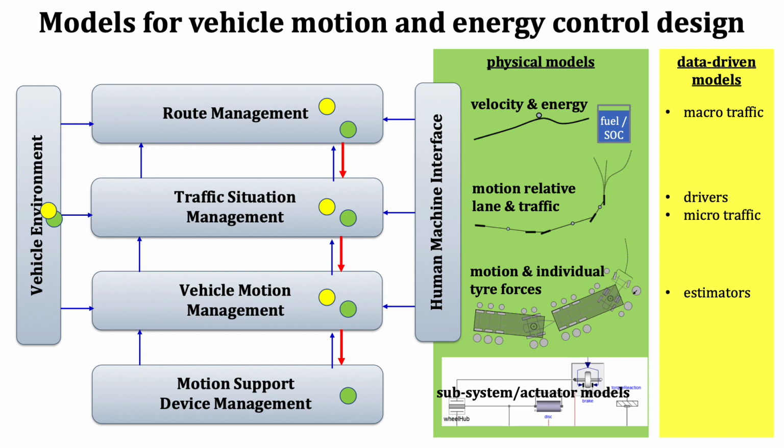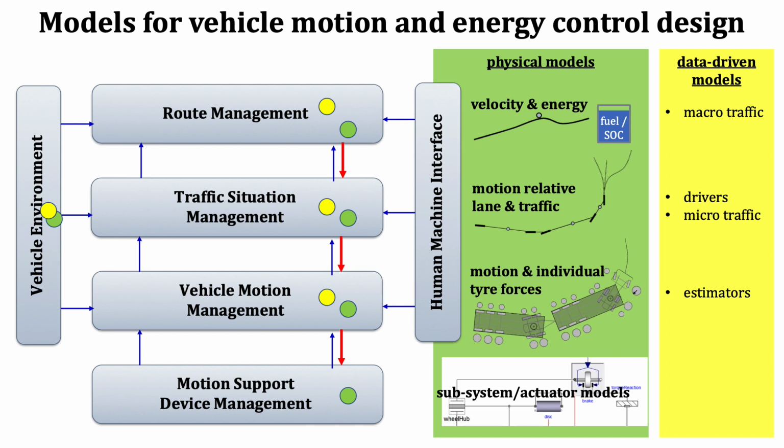But then we should also envision that, as mentioned, for camera vision and so on, we definitely need some of the yellow models also. And in the other areas we can find, for instance, on the route management, we might need macro traffic models, which I would say are more of a data-driven model.